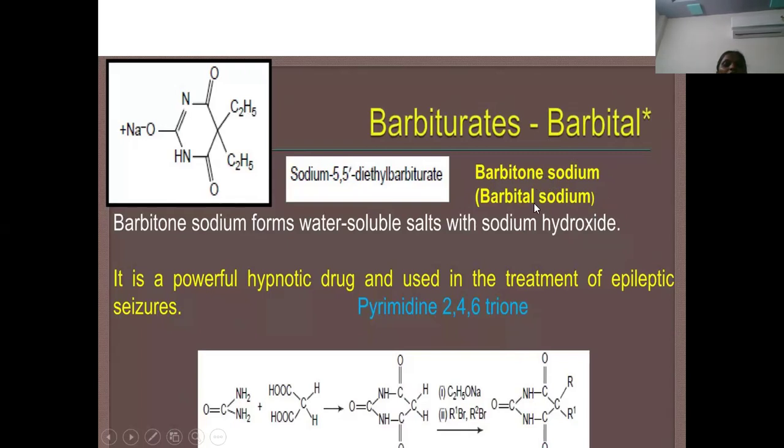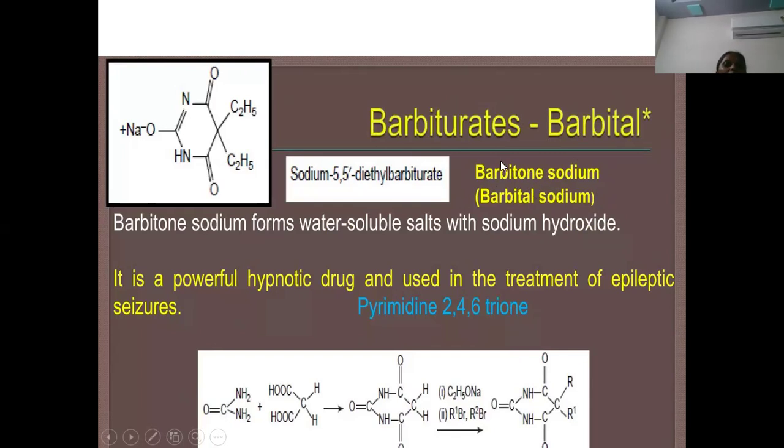Barbital is so called due to the presence of a hydroxy group in the structure. In the case of barbitone, a C double bond O group, a ketone group, is present. That is the structure of barbitone. So that is the main difference between barbitone and barbital.